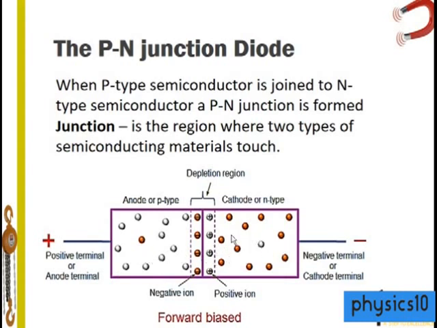When this happens, the electrons moving over to the P side will recombine with the holes, and similarly, the holes moving over to the N side will recombine with the electrons. So you end up having on the P side, due to the migration of electrons, a buildup of electrons near that junction. And similarly, on the N side, you're going to have a buildup of positive holes.